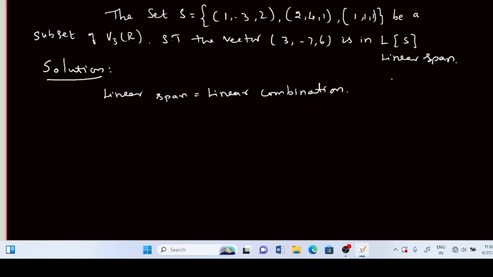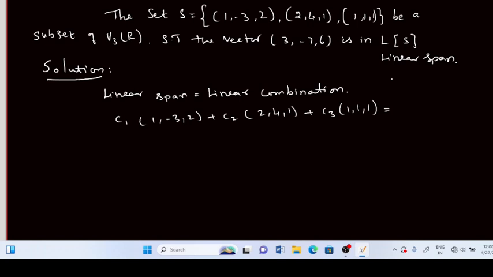So here we have the set of vectors. Consider C1 times (1, -3, 2) plus C2 times (2, 4, 1) plus C3 times (1, 1, 1).